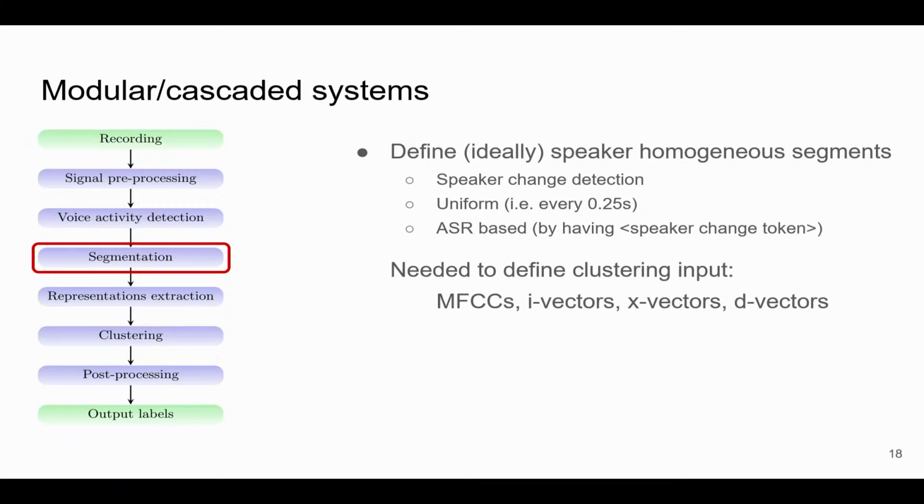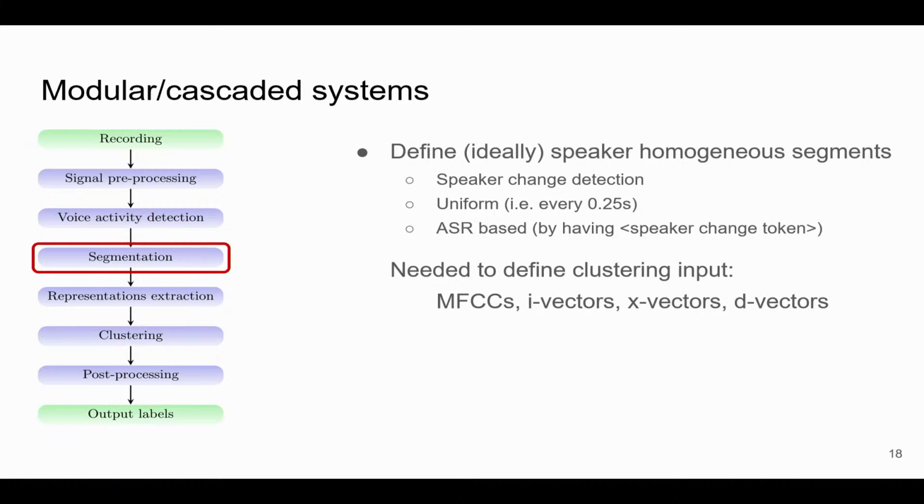But with the technologies related to speaker embeddings that Olga was describing yesterday, it also made sense to consider uniform segmentation. For example, every quarter of a second, I get a new speaker embedding that I will use later for clustering and whatnot. That means I don't need to care about speaker change detection. I just get my speech segment and take little segments every quarter of a second.